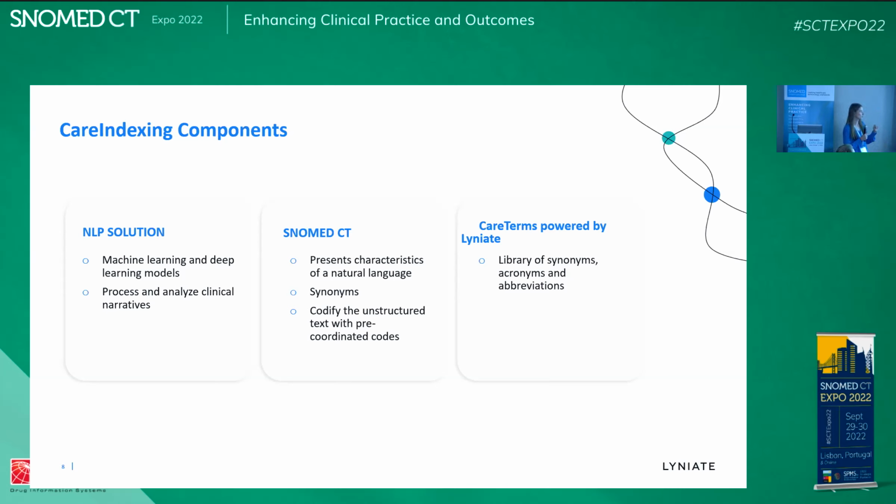We use those models to process and analyze the text and get to a point where we actually can start using that to find the codes for it. I just want to mention about the NLP solution. In our case, we have trained all the models on purely healthcare data. So discharge summaries, ICU-related reports, radiology reports, transcription notes, etc. So we know that the healthcare area has a very unique and complex vocabulary.